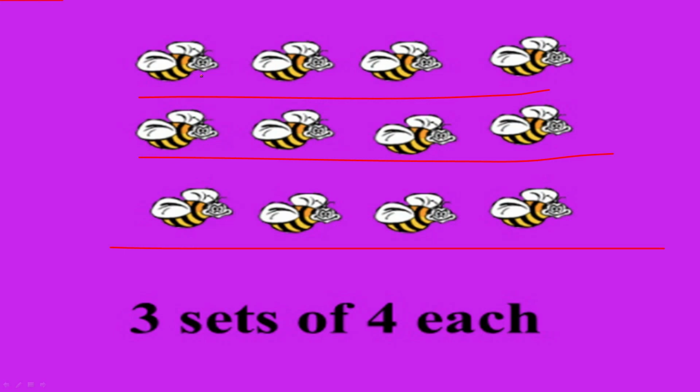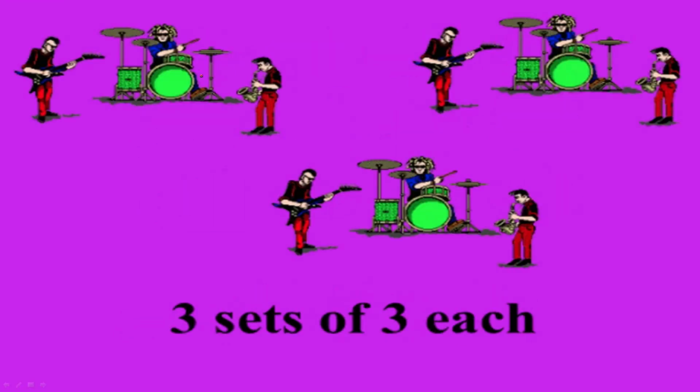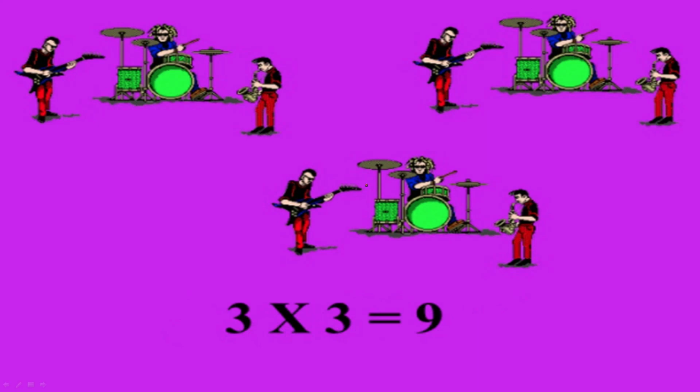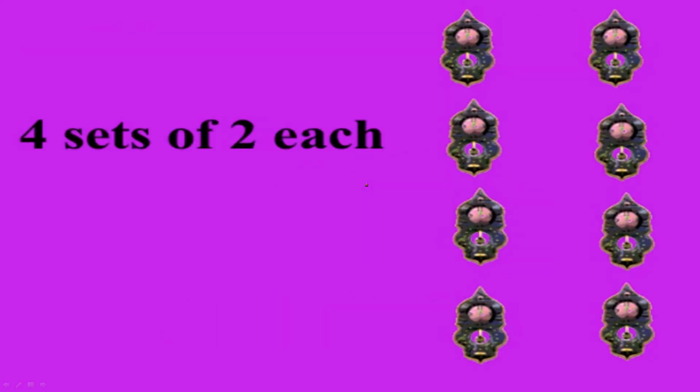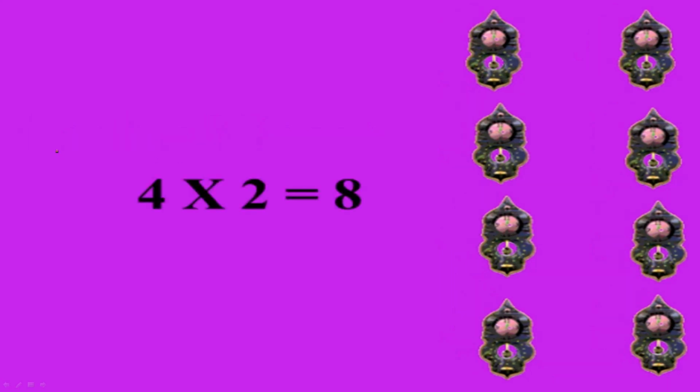So 3 4s are 12. Now 3 sets of 3 each. You can find 3 3s are 9. 4 sets of 2 each. 1, 2, 3, 4 sets. Each set has 2. 4 2s are 8.